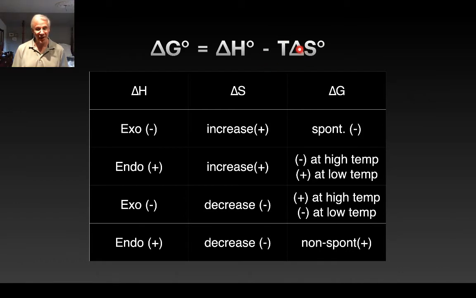That's like adding a positive. So we have a positive plus a positive. Delta G will always be positive, and that type of reaction will always be non-spontaneous. Now remember, just because something is non-spontaneous doesn't mean it can't happen. It just means that it requires energy in order for it to happen, a constant application of energy.